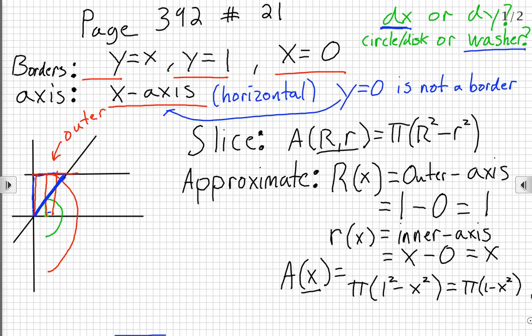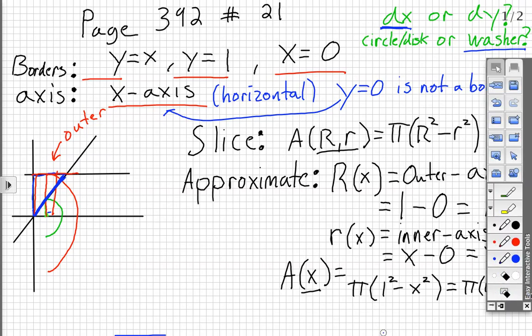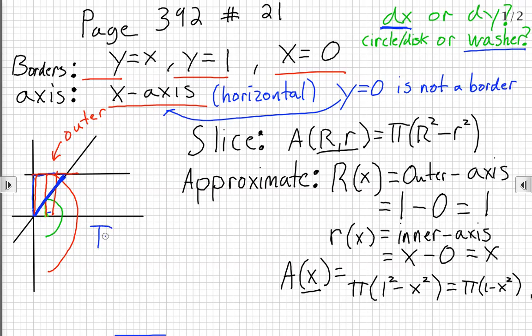We're almost done with our setup. We've done slice. We've done approximate. So now we just need to identify the integral, or the integrate step. The volume of a solid is always equal to the integral from a to b of A of x dx.